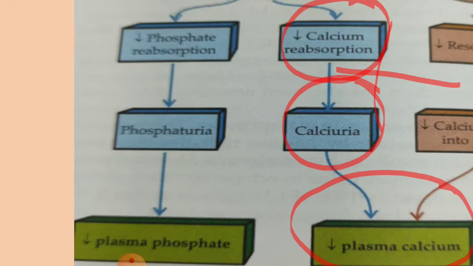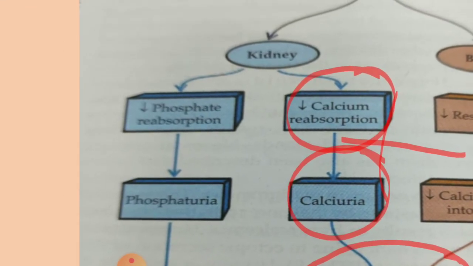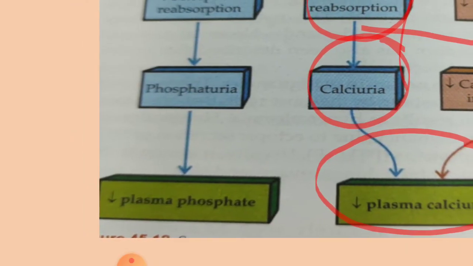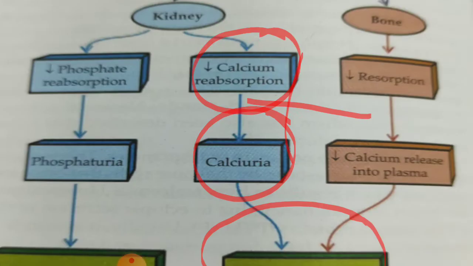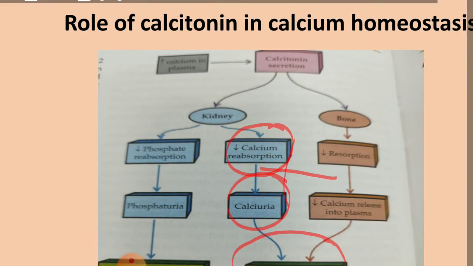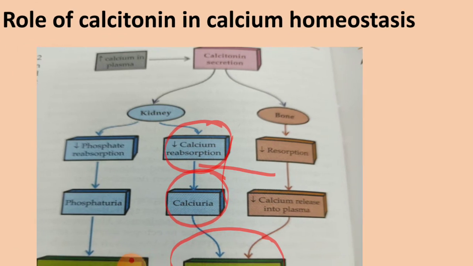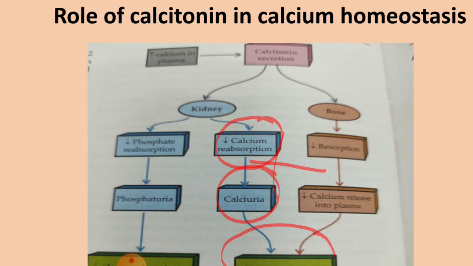Not only calcium, calcitonin also has an effect on phosphate reabsorption. Like calcium, it also reduces phosphate reabsorption, so there occurs mild phosphaturia also. So under the influence of calcitonin, plasma phosphate as well as plasma calcium both get reduced. So this is the action of calcitonin over calcium as well as phosphate, the main target organs being bone and kidney. So this is the major role of calcitonin in calcium homeostasis.